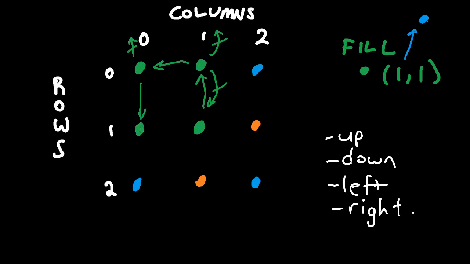This gets filled up, tries to go up, but because it's no longer blue, this gets cancelled, so we go down. And then from here, the same thing happens: go up, gets cancelled, down is outside of the map, left is outside of the map, right is not the color that we want, so it's also cancelled.